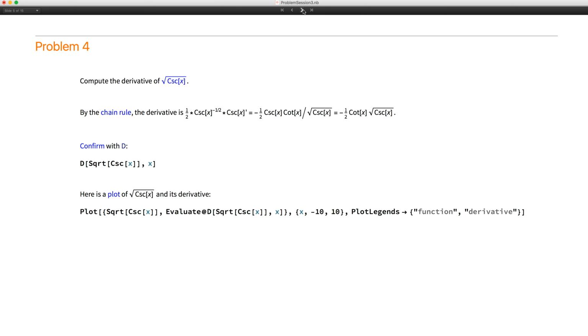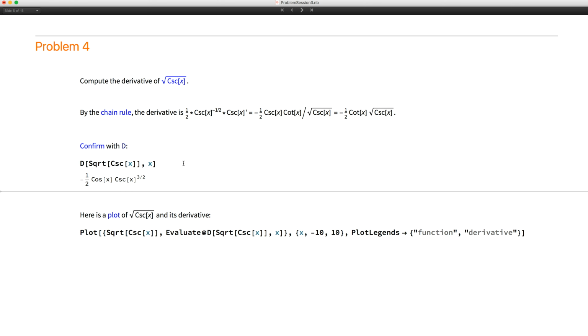On to number 4, which says compute the derivative of square root of cosecant x. Here you apply the chain rule, which says that the derivative is 1/2 times cosecant x raised to negative 1/2 times the derivative of cosecant x. You do a bit of work and you get back negative 1/2 cotangent x times the square root of cosecant x.